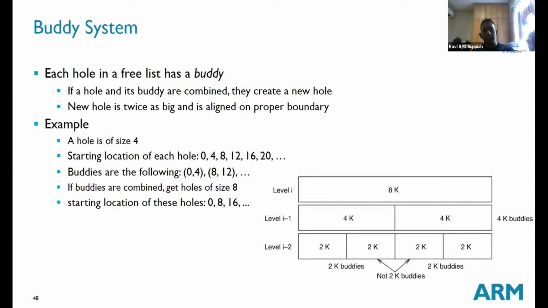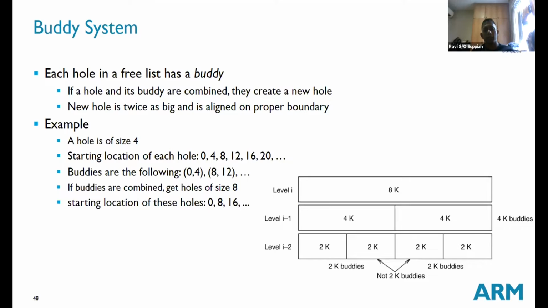This actually helps, because now it becomes a bit easier for me to manage. I do not need to worry about continuously doing compaction and reassigning pointers, because I always look at how to do merging based on this particular list. The merging is basically going to follow this thing called a buddy system. The whole idea is, if two holes are buddies, then if I merge them together, I can create a new hole.